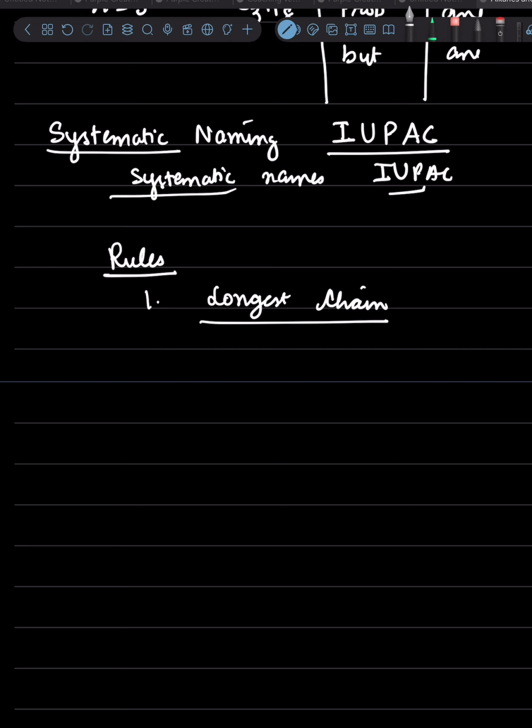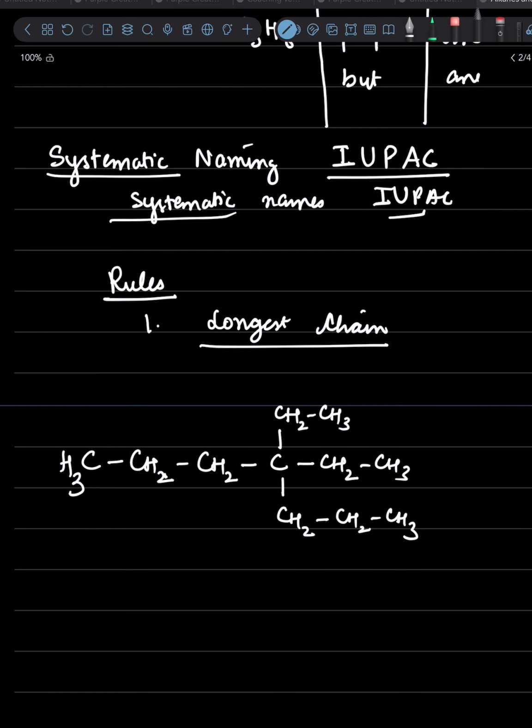For example, if I say this is the molecule, I can start numbering it from this side. 1, 2, 3, 4, 5, 6. So I got a longest chain of 6 carbons.